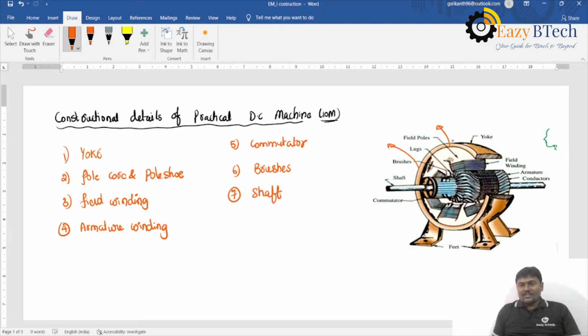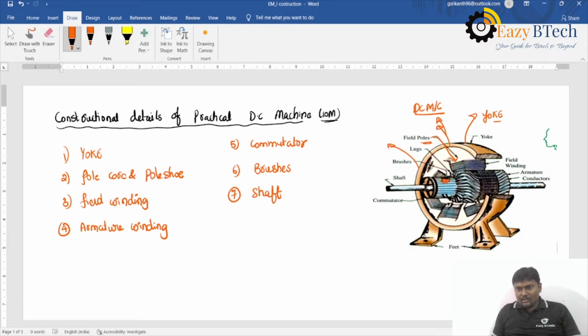This is a cross sectional view of a DC machine. The outermost part of a DC machine is called the yoke. This part is called the field poles, and the brushes are there.